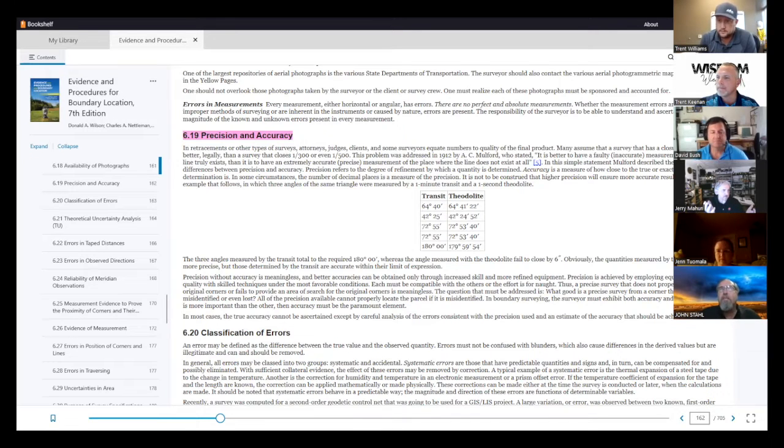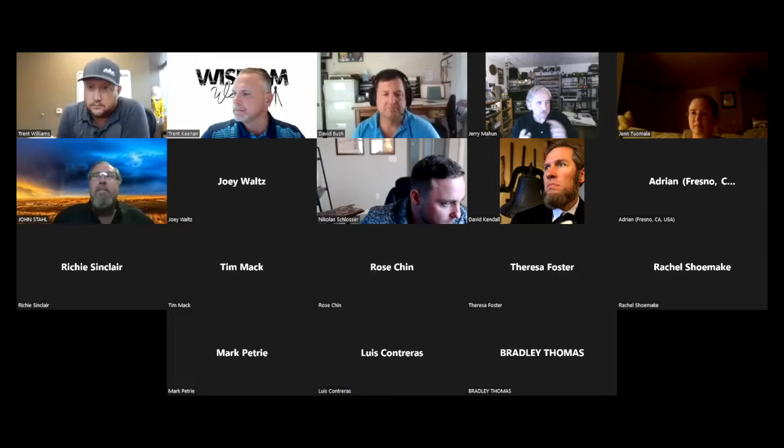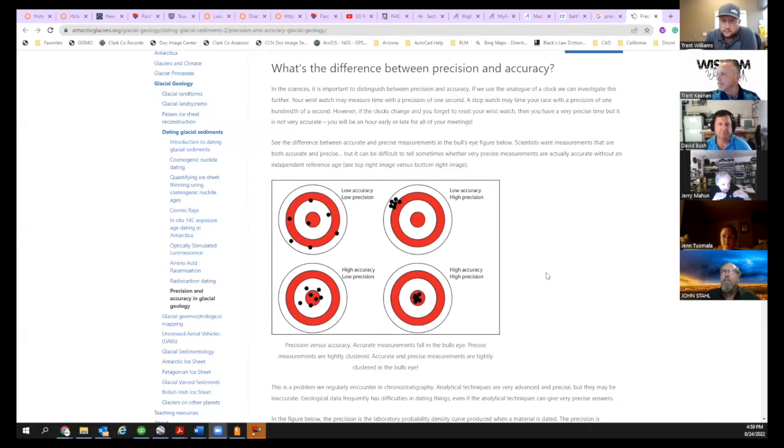The sights on your rifle are off. You can procedurally compensate for that, or you can do it mechanically or whatever. But you have to repeat the measurements in order to establish a standard of precision, as well as the accuracy. They're related, but they're separate.